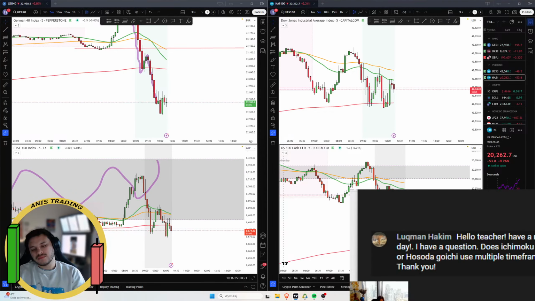So back in those days when Goichi Hosoda was there was no PC. So there was no way to look at the multiple time frames. Now we have a PC. So, simply by clicking the different time frames, you can change from a daily chart, 4-hour chart, 1 hour, and lower time frames.